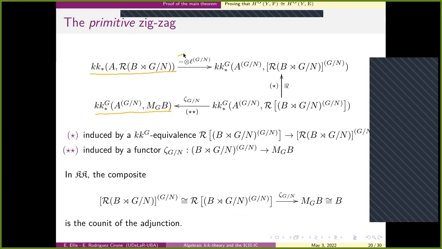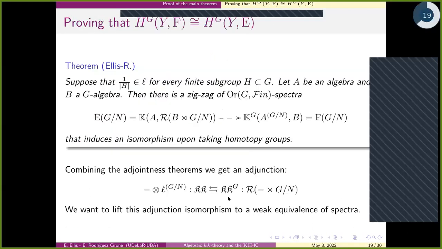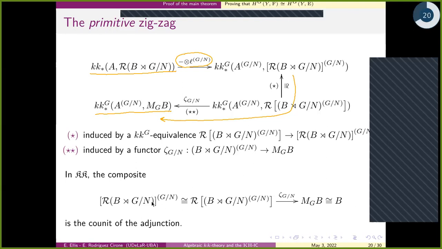Here we are applying one of the functors, the left adjoint, and the rest is the counit. So in KK, the counit of this adjunction is represented by this composite here. So the adjunction isomorphism is obtained upon applying the left adjoint and then composing with the counit.